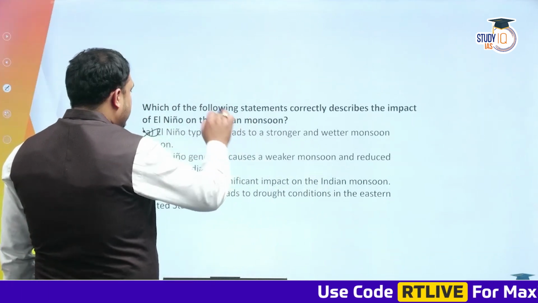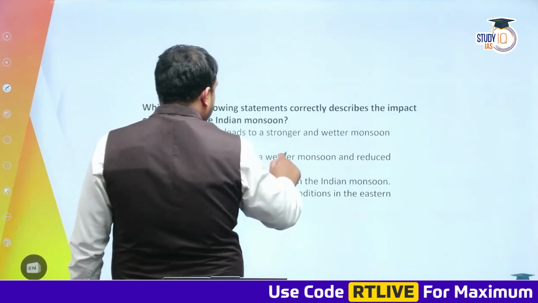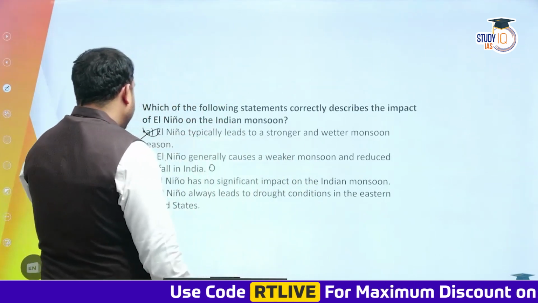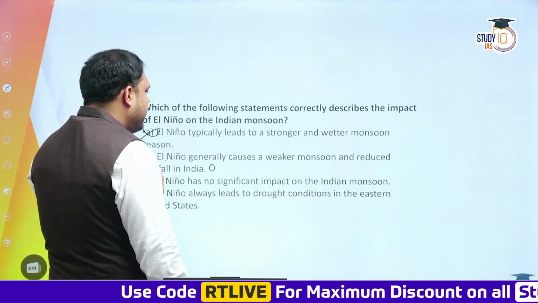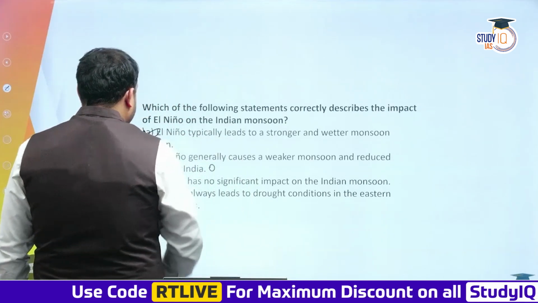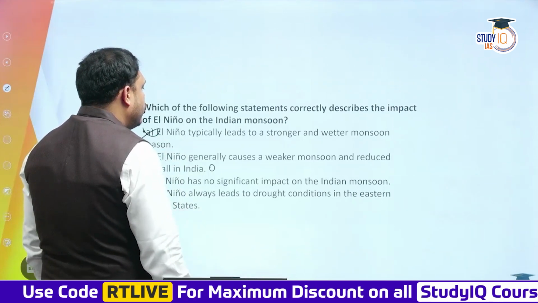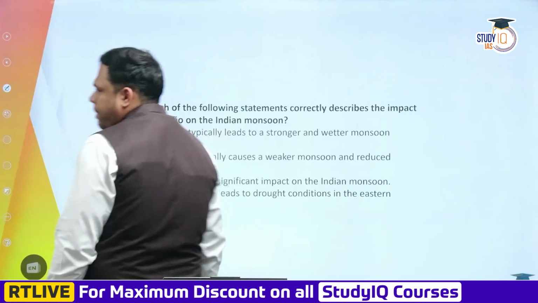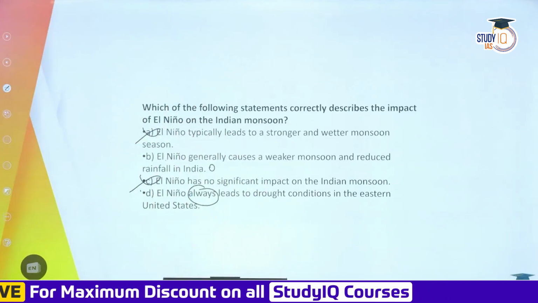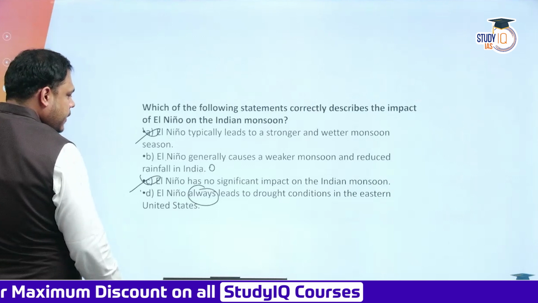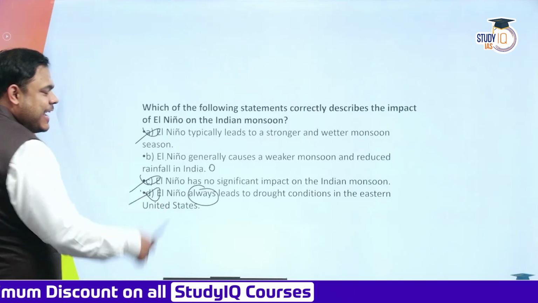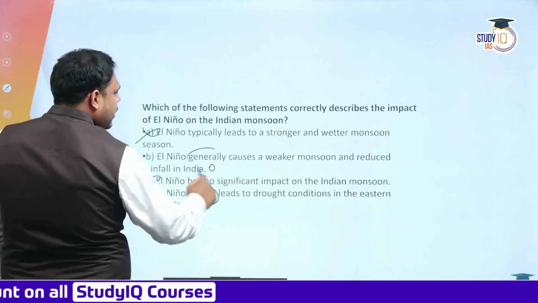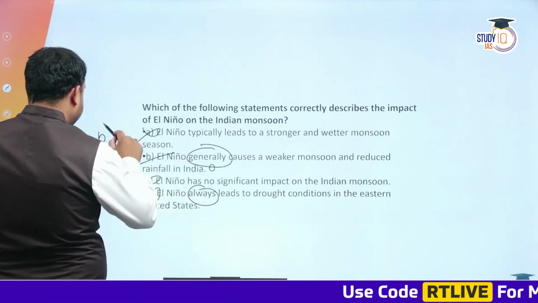Drier and weaker monsoon. El Nino generally causes weaker monsoon and reduced rainfall over India. ये statement ठीक है. El Nino has no significant impact on the Indian monsoon. Again गलत है. El Nino always leads to drought condition in eastern United States. पहली चीज always. Fine. Hence it is very strongly worded. It is wrong. एक बार भी मिस हो गया देन गलत है. So this is generally answer is B.